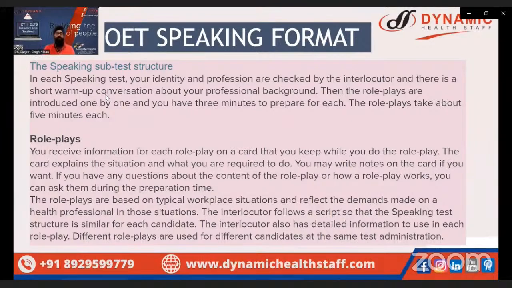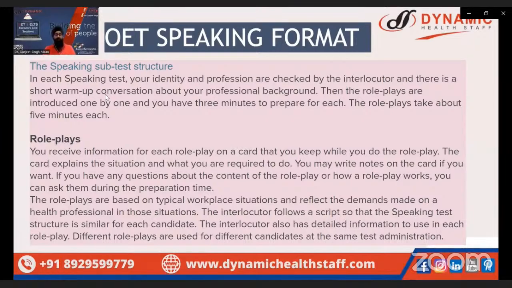So there will be two role plays in which the other person will be a patient, or a patient's relative or carer. There will be different situations on the card which you will be provided, and you will be given 3 minutes of preparation, and then for 5 minutes the role play will go on. These will be based on a typical workplace situation. All the common topics will be there, like headache, asthma, diabetes, dialysis.